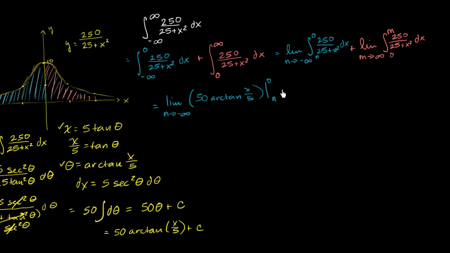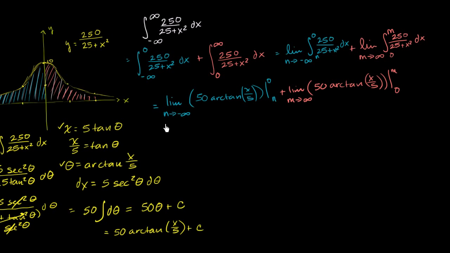And to this, we're going to add the limit as m approaches positive infinity of the antiderivative, 50 arctangent of x over 5, evaluated from 0 to m. And let me put a little parentheses around this x over 5.